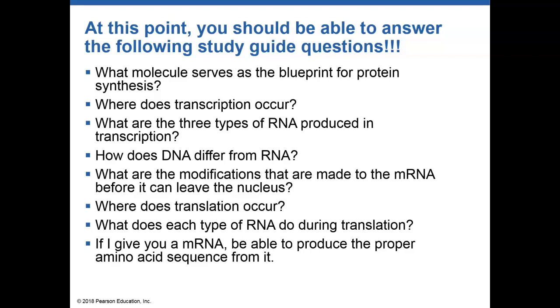So what are the blueprints for protein synthesis? Where does transcription occur? What are the types of RNA produced? How does DNA differ from RNA? What are the modifications that you have to do to immature or pre-messenger RNA, or pre-mRNA? Where does translation occur? What does each type of RNA do? Those are things that you should be able to answer, okay?